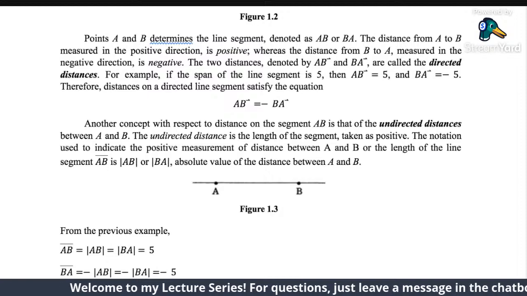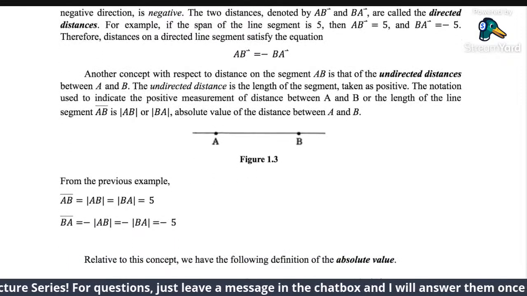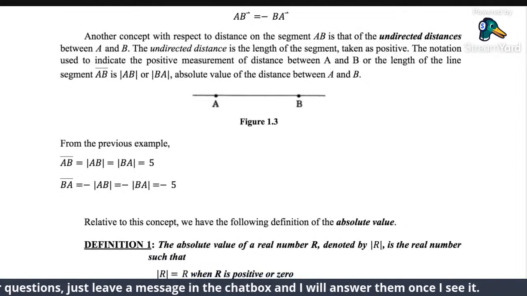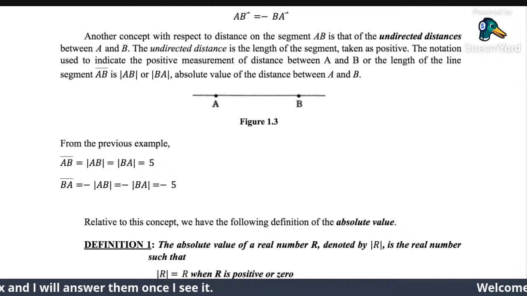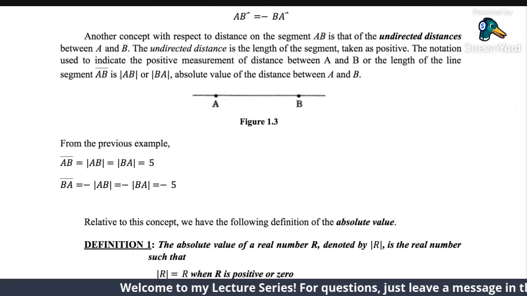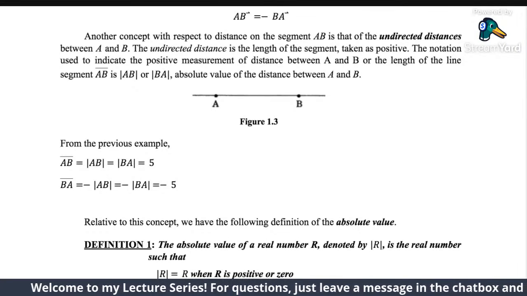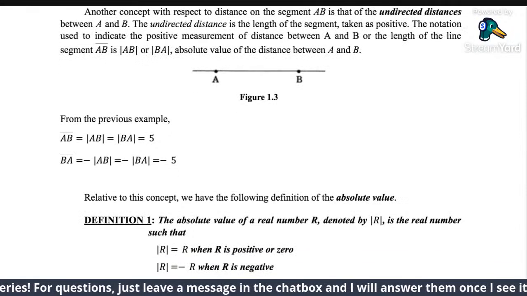Or it's the absolute value of the distance between A and B. So for example, here, AB, if you get the absolute value of 5, that will give you positive 5. For BA, you have negative absolute value of AB or negative absolute value of BA. That will give you a negative 5.